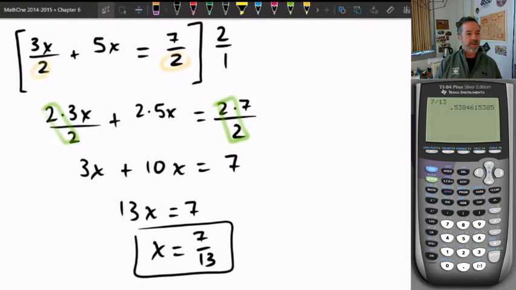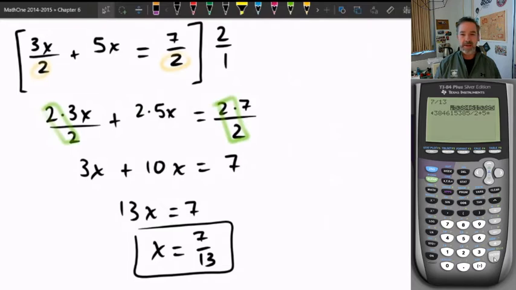So what I'm going to do now is take the 3x over 2. So I'm going to go 3 times, go grab the x, so that's 3 times x, and then I'm going to divide that by 2, and add to that plus 5 times, and I'm going to go grab that number again.